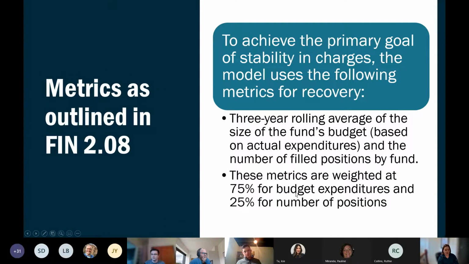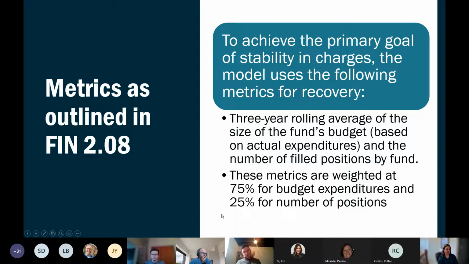And then this slide also has a little bit more detail on the metrics outlined in financial policy. With the intention of providing some of that stability, the methodology uses a 3-year rolling average of the size of a fund's budget based on the annual audited expenditures and the number of filled positions by fund.